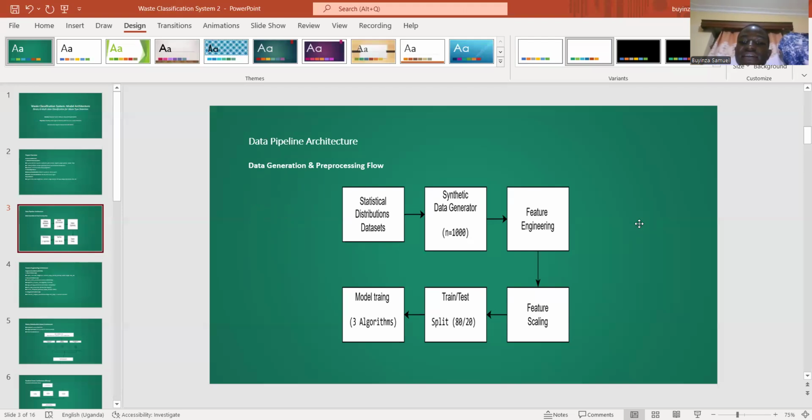After the feature engineering, we get to the feature scaling, then we train and test. That's where we split 80 to 20. Then we do the model training. Here we normally look at 3 algorithms.